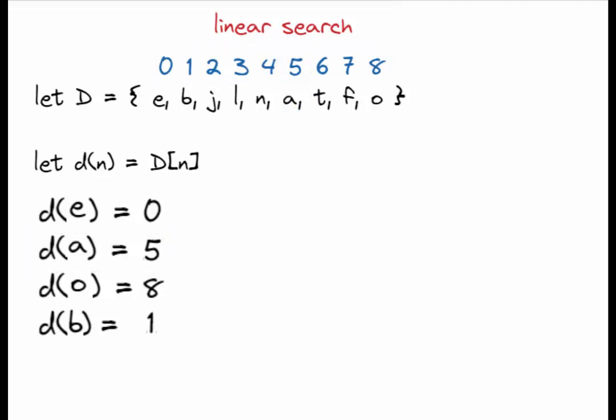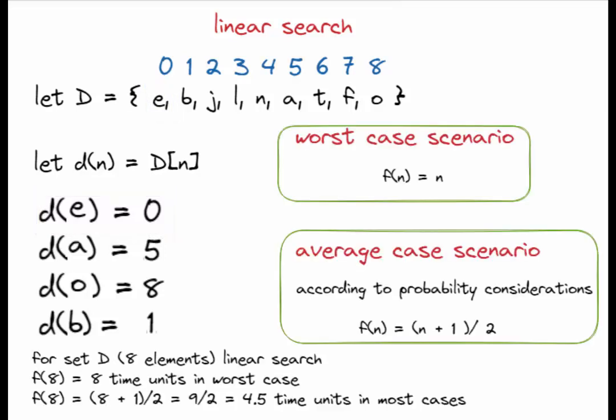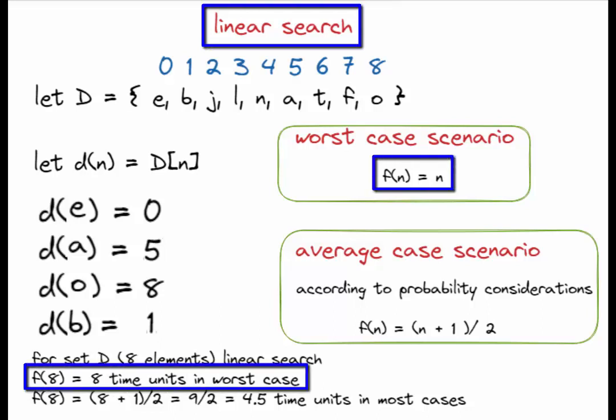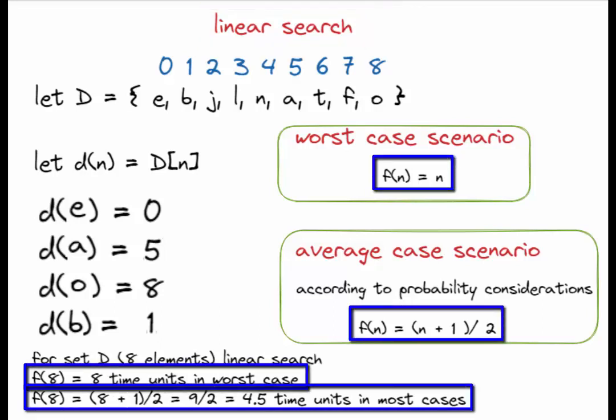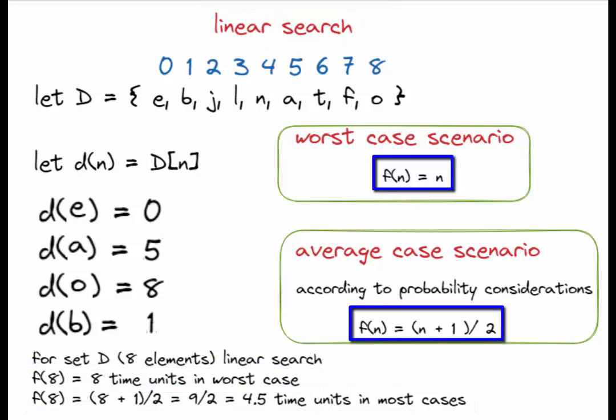The way anyone does this is by looking into the elements one by one, from left to right, until getting the target. In the best case, the target is at the beginning, like the E element. But in the worst case, the target is at the end, which obviously requires more time to find. This operation is known as linear search, and its worst and average cases are given by these expressions.